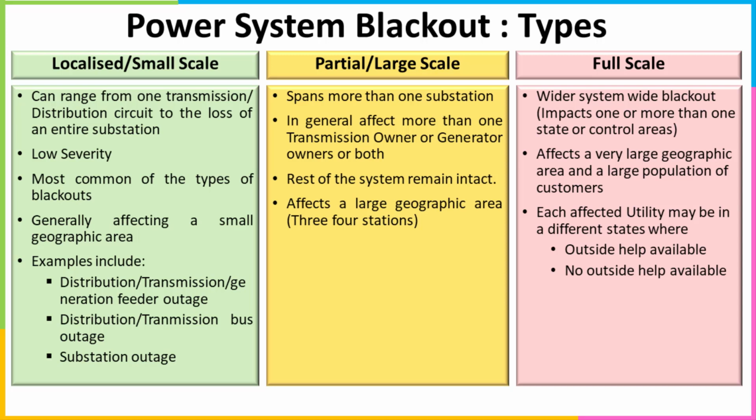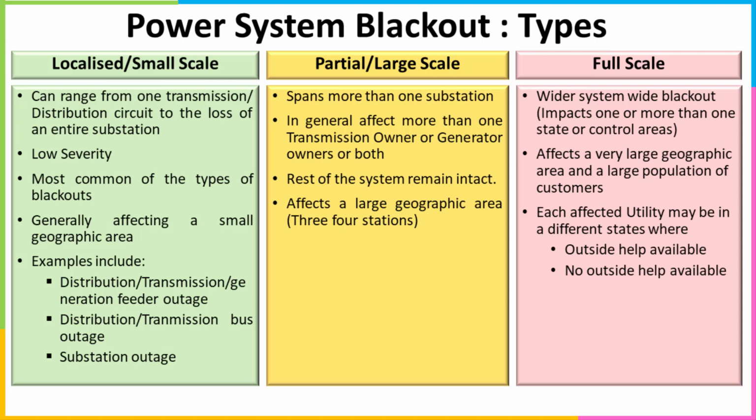In the case of a smaller islanded system, one small substation is, for them, a very large substation in terms of size. So there, a smaller station tripping can result in a larger-scale blackout itself. In this larger scale, the rest of the system remains intact, and one large portion of the system gets isolated or blacked out.